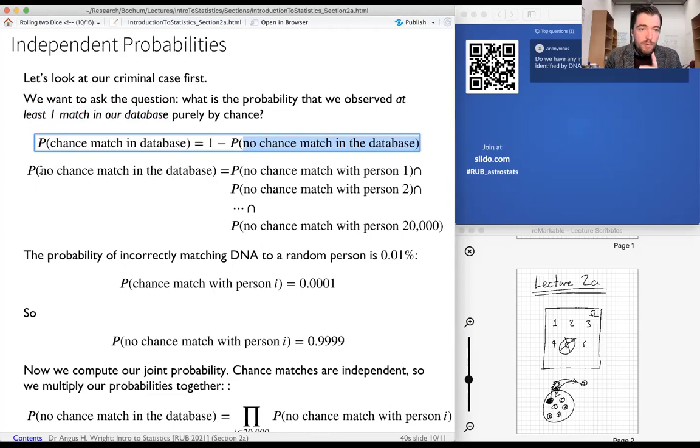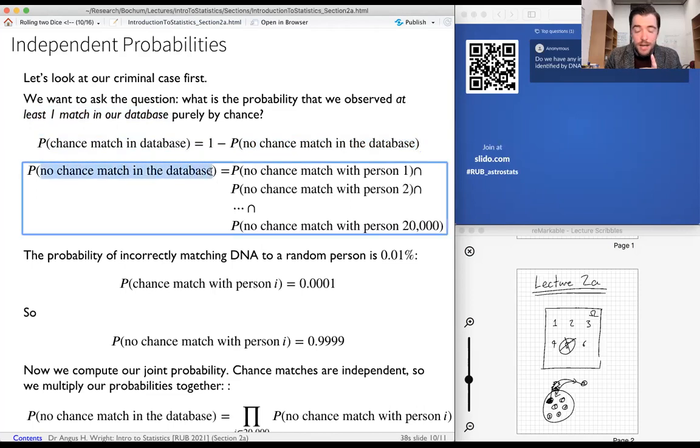Now the probability of us seeing no chance match in the database is the probability that we don't match by chance with the first person in the database, and we don't match by chance with the second person, all the way through to the 200,000th person in the data set.